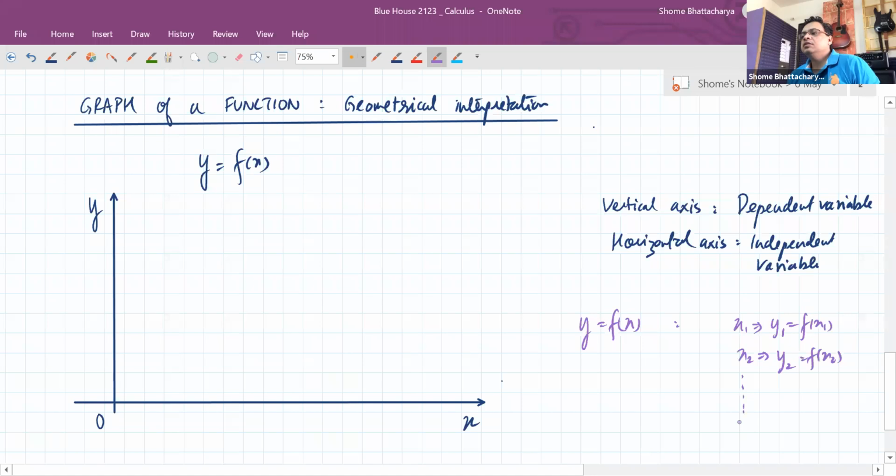Like that we can define a set of ordered pairs and plot these points on the two-dimensional space.